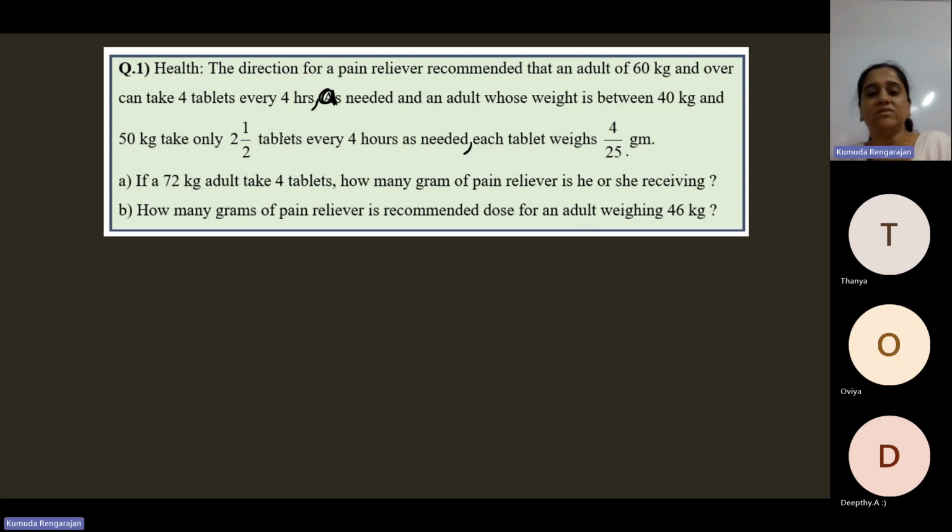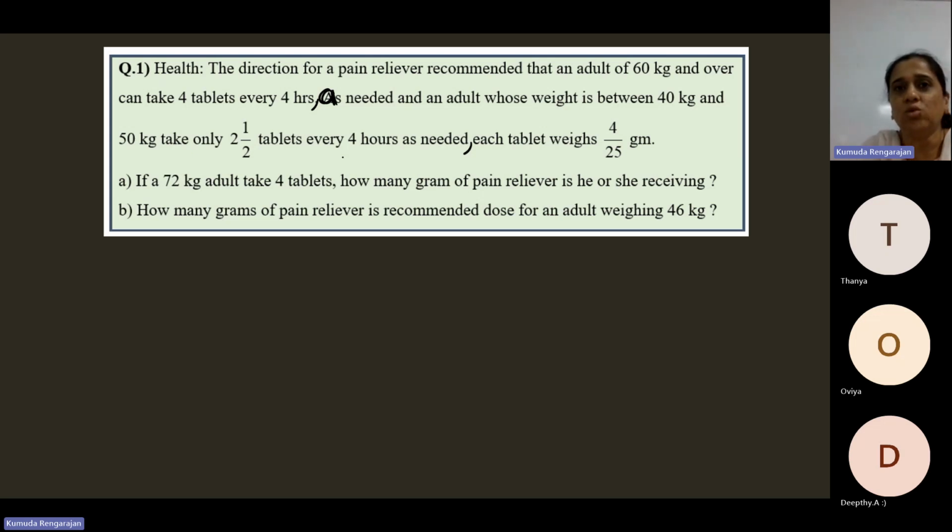Each tablet weighs 4 by 25 grams. Okay, what's given? Because it's not punctuated, even I didn't read it clearly. This is the direction for a pain reliever medicine.